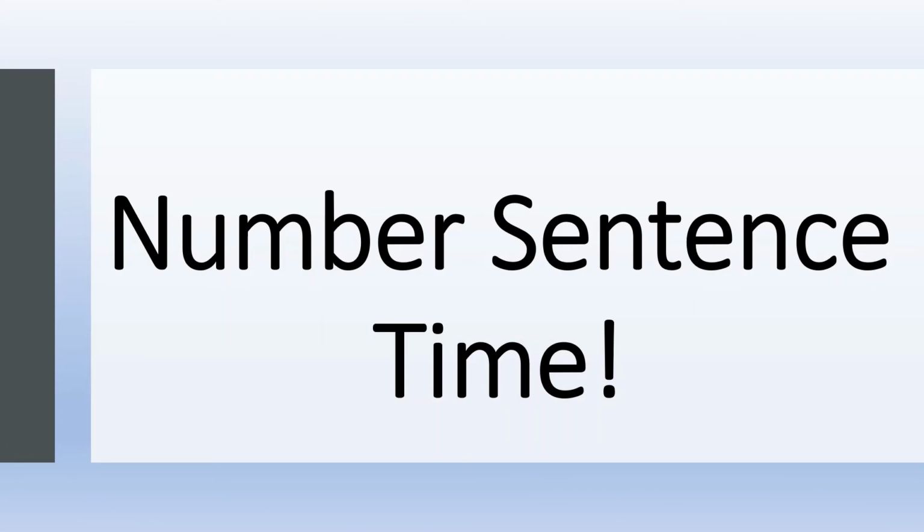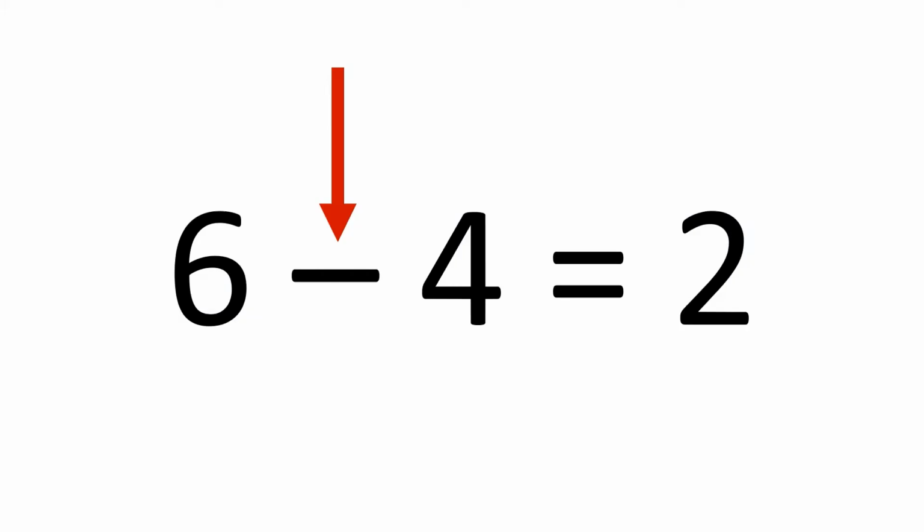Now we're going to try this game with some number sentences. Get your mouths ready. Here we go. Which sign is the arrow pointing to? Minus sign. The arrow is pointing to the minus sign. And when we see a minus sign, that's for subtracting. Here we go.